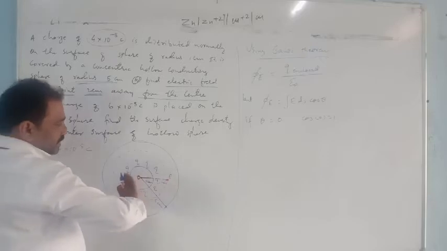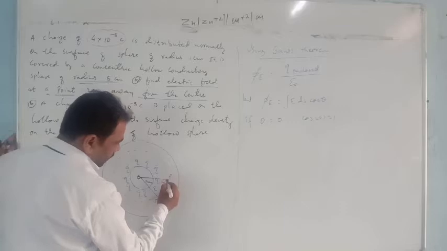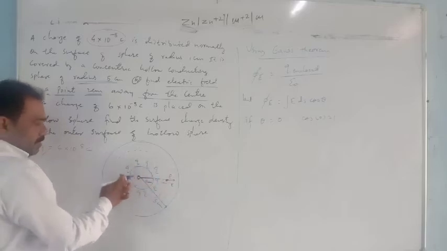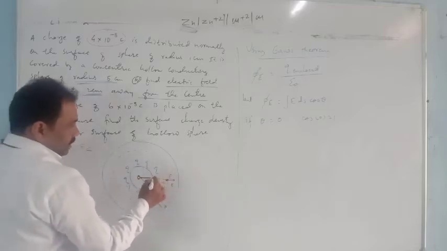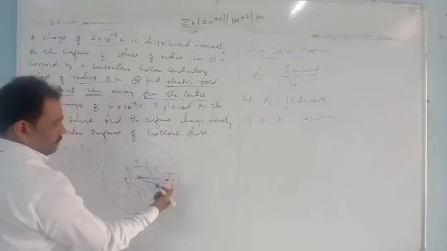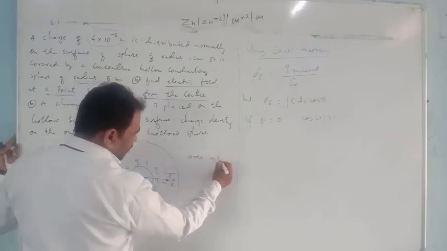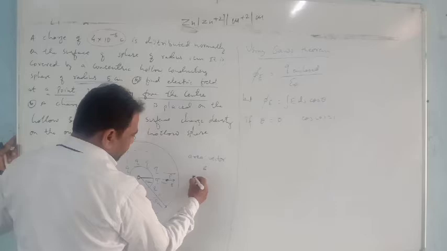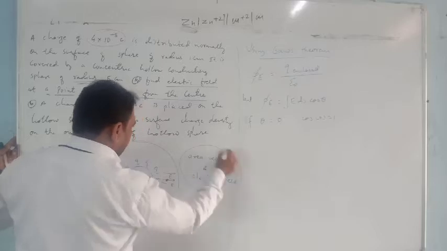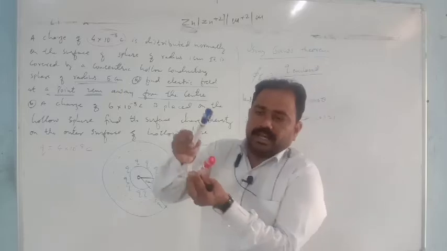So the electric field intensity is always away from the positive charge. So we can say that electric field is like this, away from the positive charge, and whatever may be the area of the sphere, the area vector is also in the outward direction. Means the direction of area vector and the direction of electric field have the same direction, they are in one direction like this.